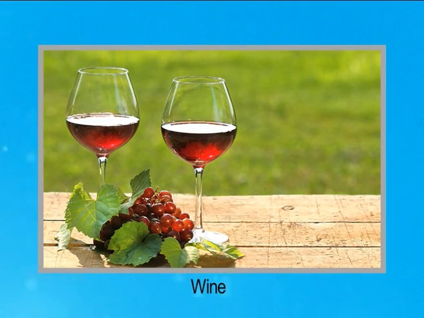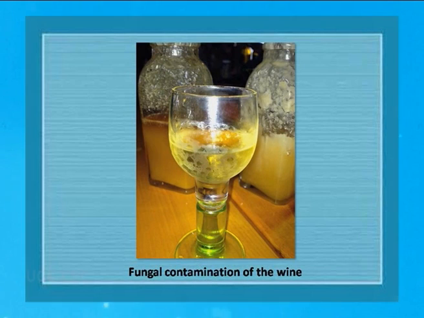Coming to wine, wine actually may be contaminated by mold because very often wine is prepared in households and may contain aspergillus or penicillium, and they may be there in the bottle and can tolerate that acidic pH. And another important household product is the pickle.